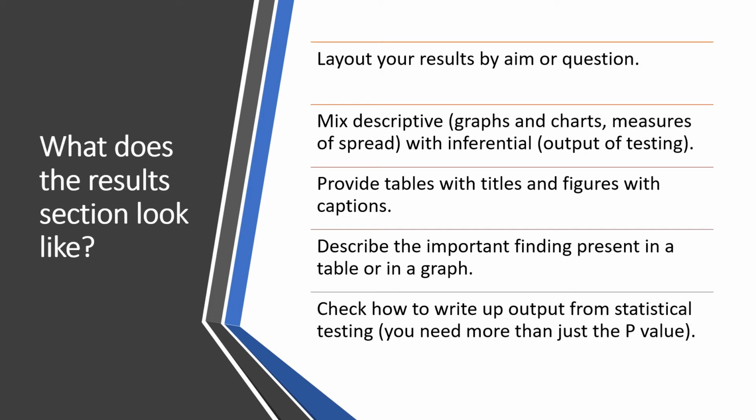And check how you write up the output of your statistical testing. By that I mean you need to quote more than just the p-value. You should have what we call the test statistic, that is the number generated by that test, the F value for ANOVA, or the chi-squared value for chi-squared, for example. You might have to quote your N, the sample size that went into the testing.